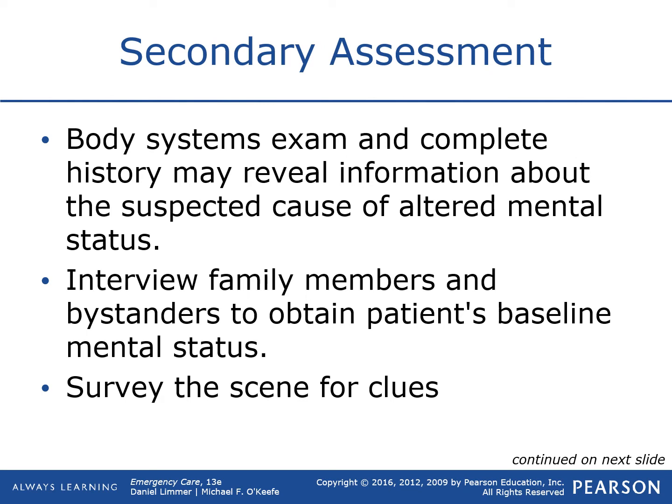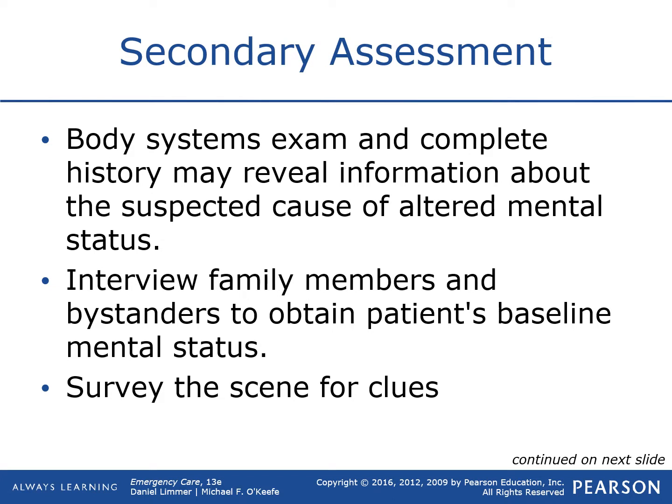It's also critical that we survey the scene for clues, which also includes interviewing our family members and bystanders to figure out any history with the patient. If you have an unconscious patient at home and their family says they're a diabetic, you should probably initially think this is probably a diabetic call.